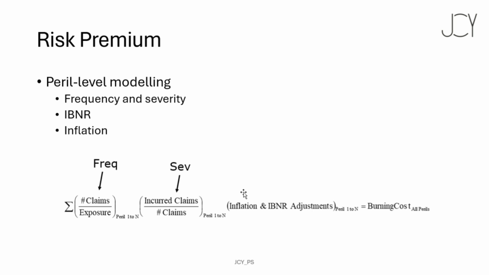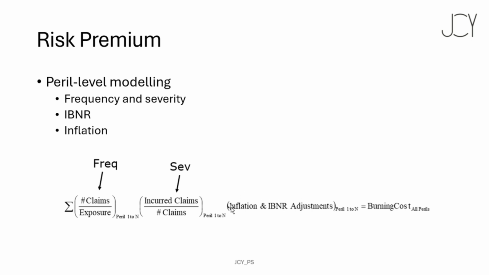And then since we're looking at varying historical data, claims data, and policy data, we need to take account of IBNR and inflation. So with the more recent years, there's likely to be claims that are still in development. So this is why we need an IBNR, incurred but not reported, adjustment in order to get to ultimate claim figures.